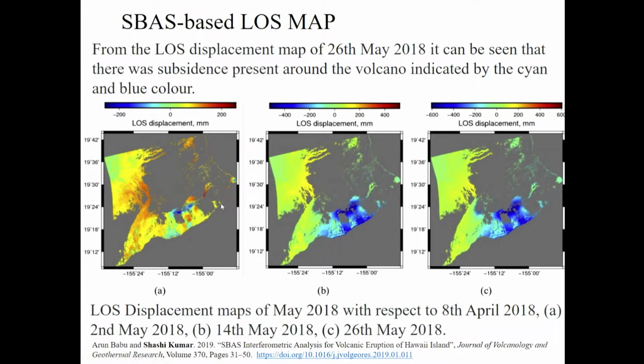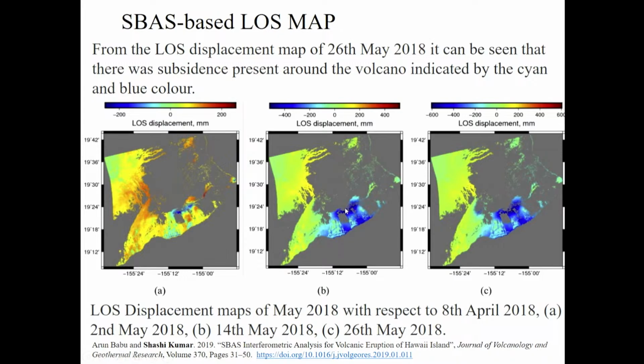A is showing the displacement till the 2nd May 2018, B is representing till 14th May 2018, and C is representing till 26th May 2018. Moving within May, from the first week to the end of May, there is continuous subsidence occurring.